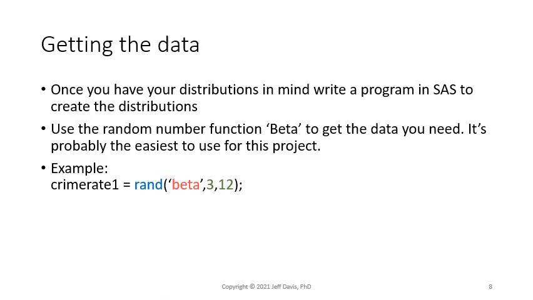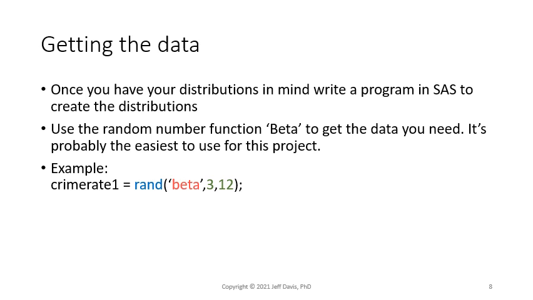Okay, so now once you have your distributions in mind, you have them all drawn out. By the way, you don't have to draw them out, but sometimes it's very helpful when you're thinking more abstractly about what these distributions look like. Sometimes it's very helpful for you to just draw it out, okay? And that will help you set up your variables.